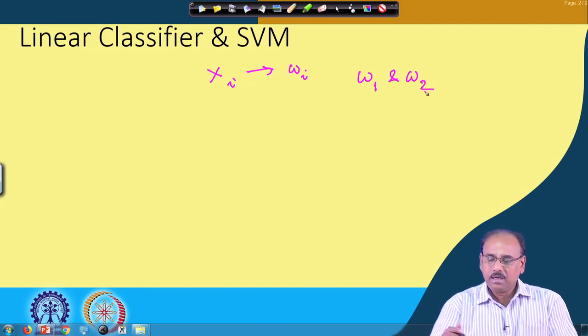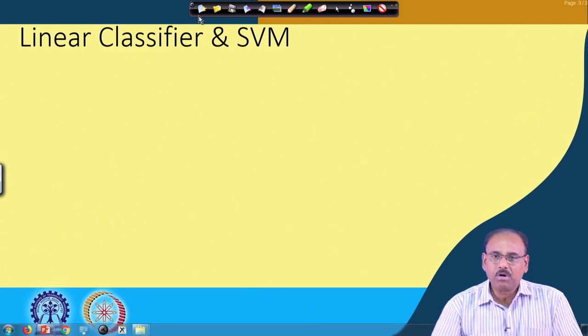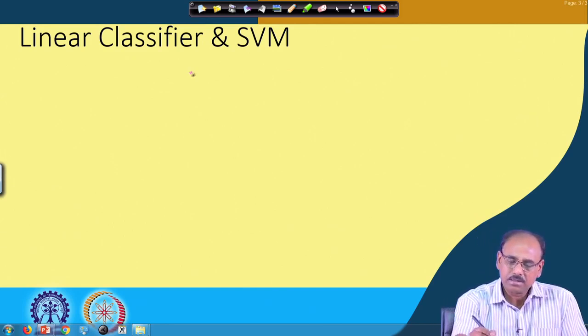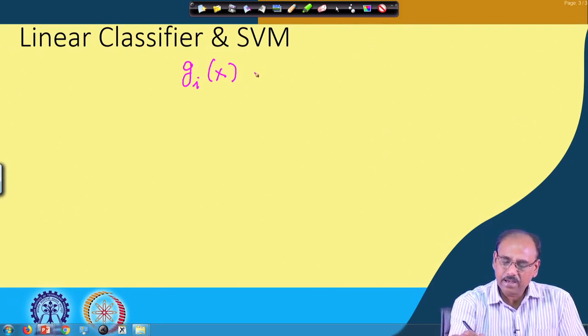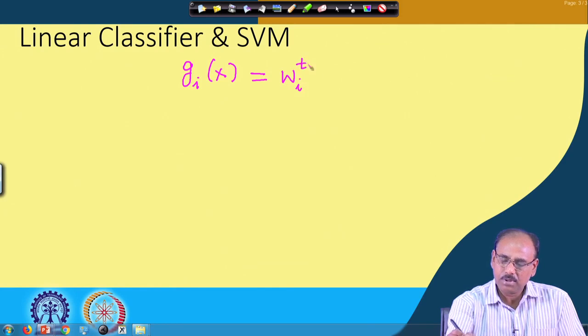Now, before that, if you remember, when we talked about the discriminant function, for every class we defined a discriminant function given by Gi(x). In case the covariance matrices of the training samples coming from all the different classes are the same, this Gi(x) came out to be a linear one, of the form W transpose X plus W naught.